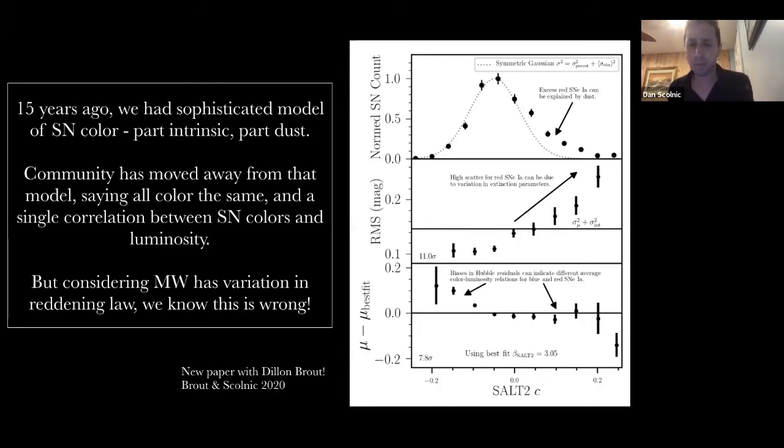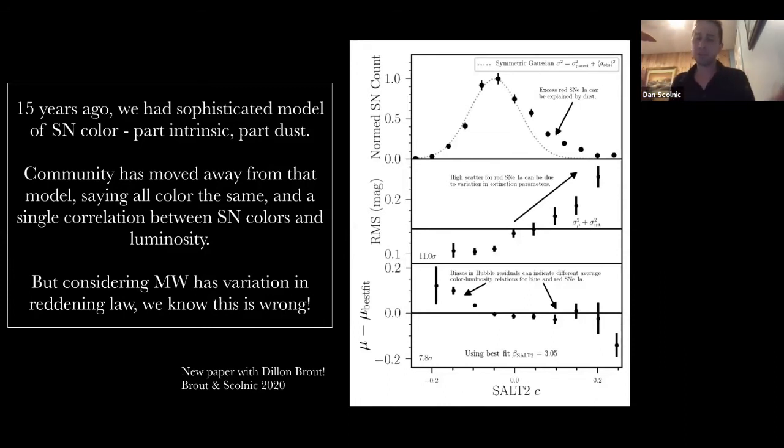And then what we see in the middle panel is that if you look at just the standardizability scatter of type 1A supernovae, it goes up with color. So basically, redder supernovae are much less standardizable than bluer supernovae. And then if you look at the Hubble residuals, this is the bottom panel, and you plot that versus color, there's this really strange trend.